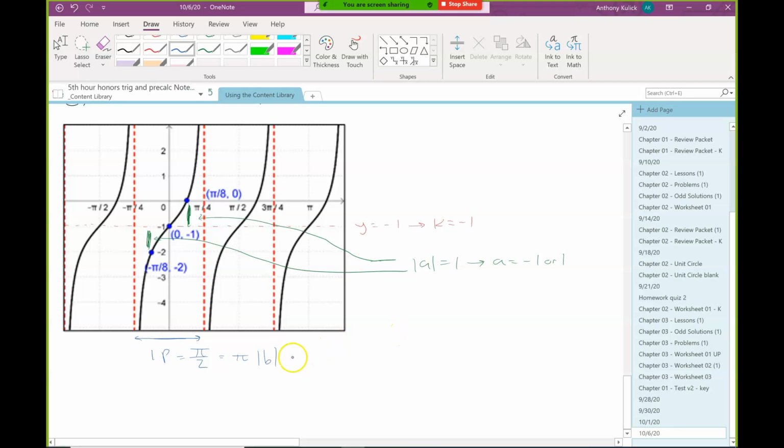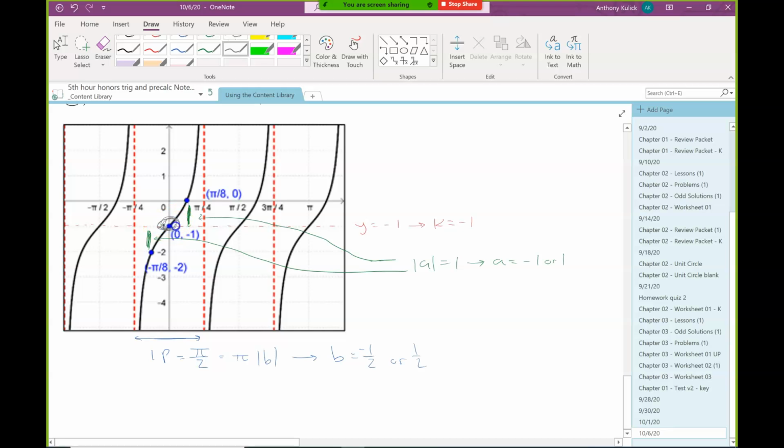So hopefully it's easy to see there that b would have to be positive 1/2 or negative 1/2. Is everybody okay there? And then the last thing I need to do is figure out the h and then the sign for my a's and b's. Everybody's okay with that?